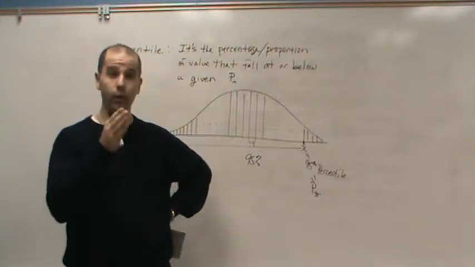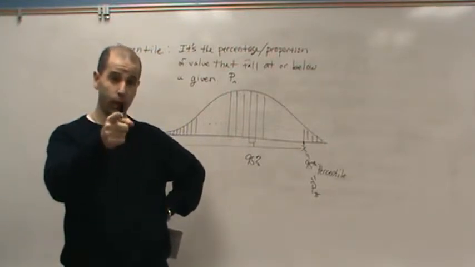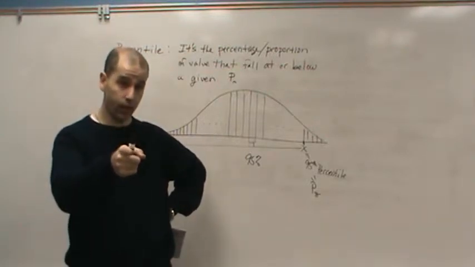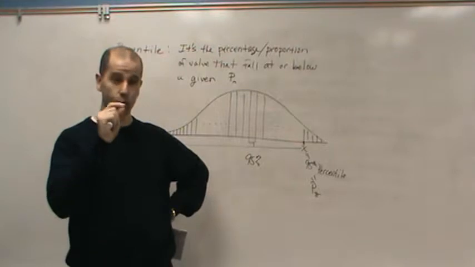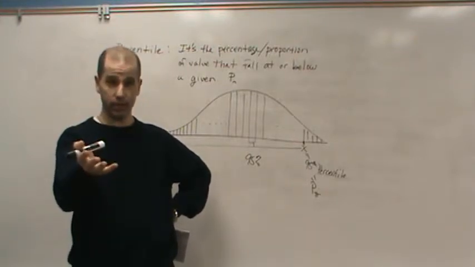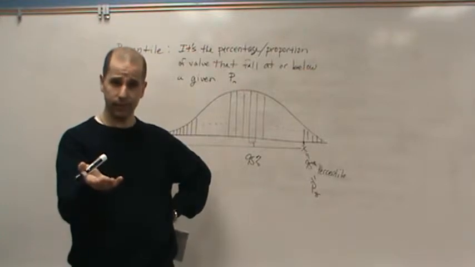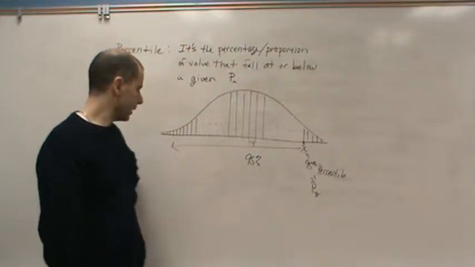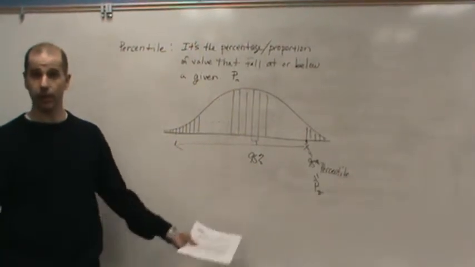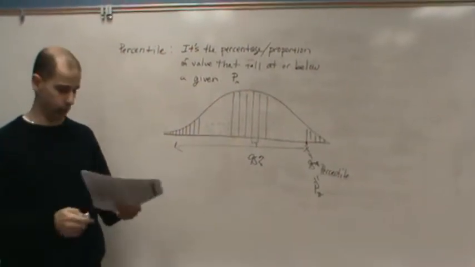So what's the cutoff? What SAT score represents the 75th percentile? If I can figure out that score, then I know the minimum I need to get on the SAT to even qualify for admission into that college. Does that make sense? Okay. So that's a perfect example of where percentiles help us determine values, okay?